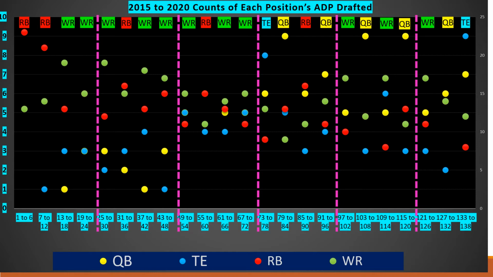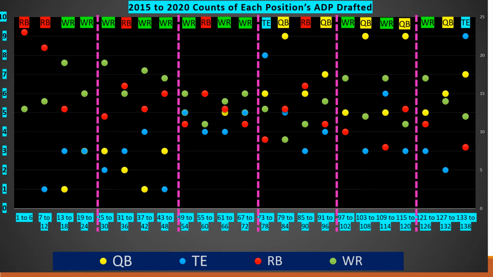I know tight ends have come before, and you can see the tight ends, for instance, in blue. Then all of a sudden we peak right here, and we peak again at the 33rd pick. So you can expect this.